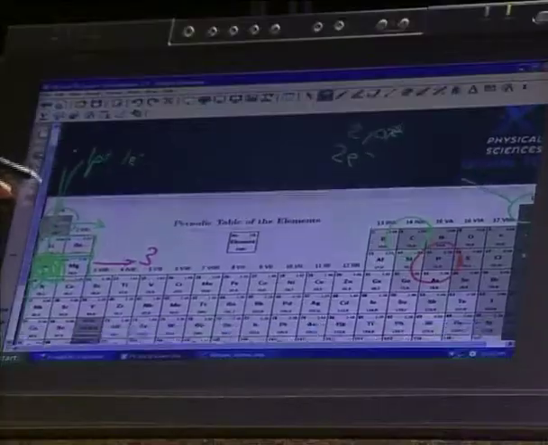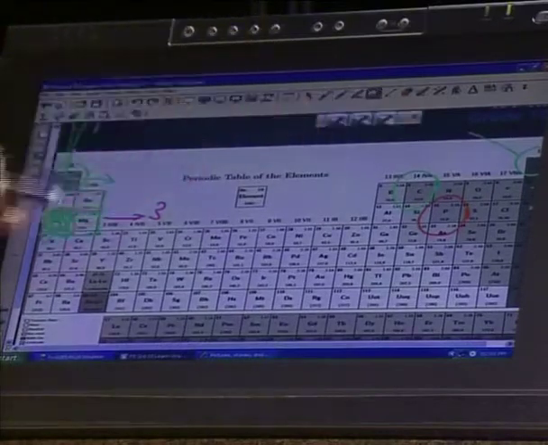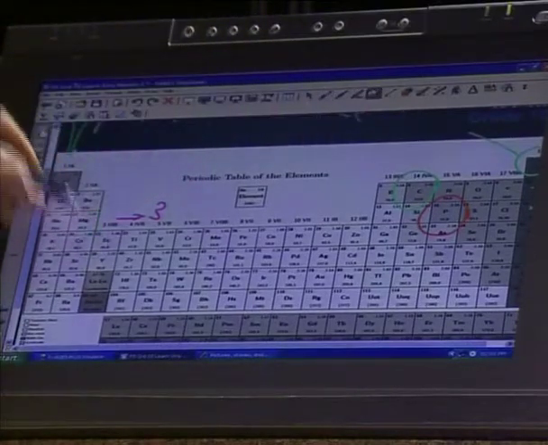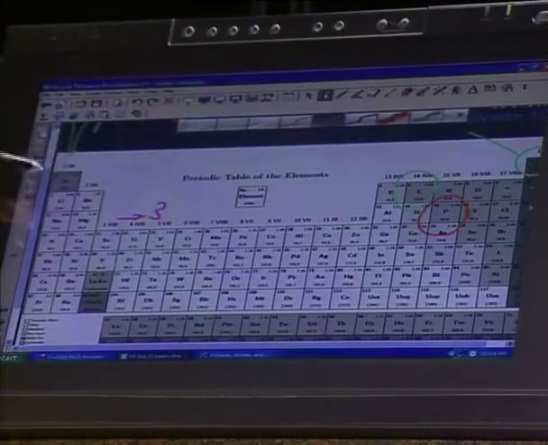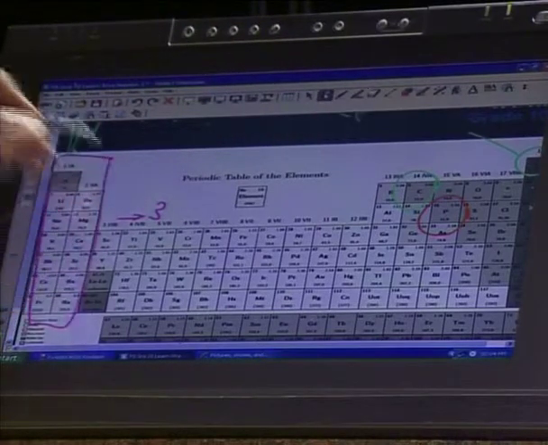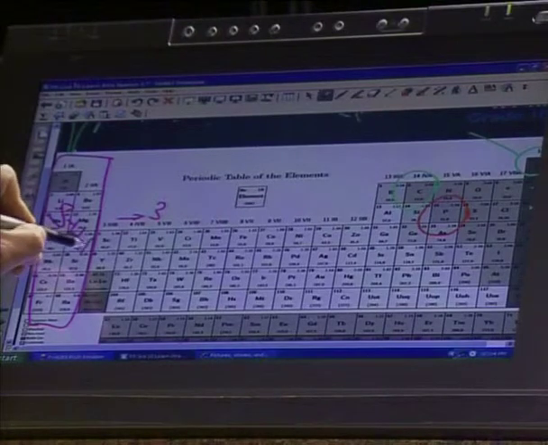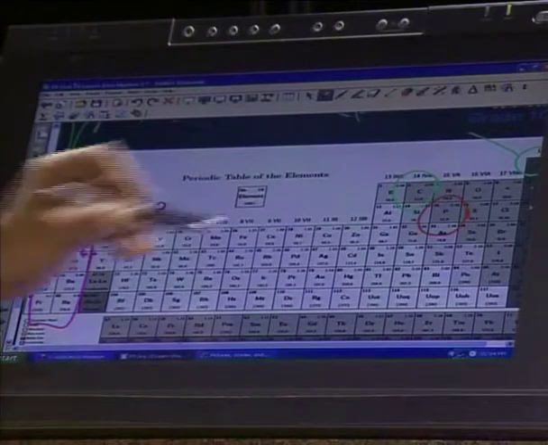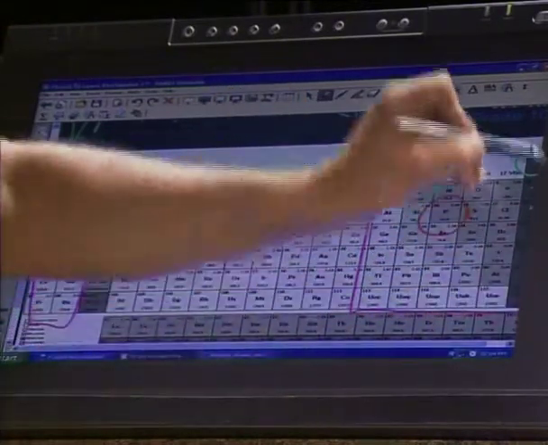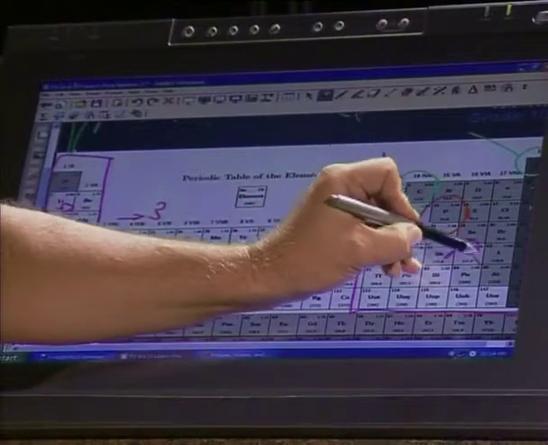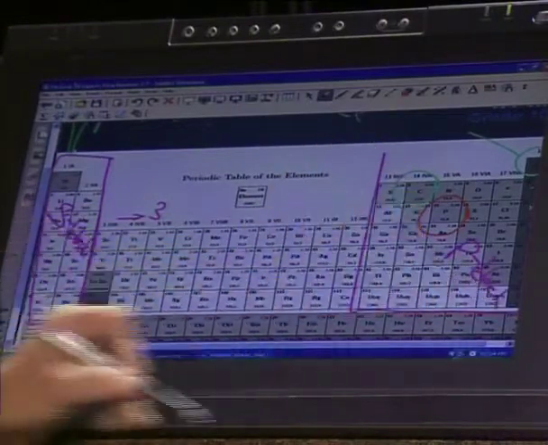Let's just make sure that we've got something sorted out here with the periodic table that I want to just point out to you. I want you to notice that on the periodic table, these 2 groups, group 1 and 2, are known as the S block, because all of these elements have electrons in an S energy level. All of these elements are in a P block. Now, immediately you're saying, but what about the others?